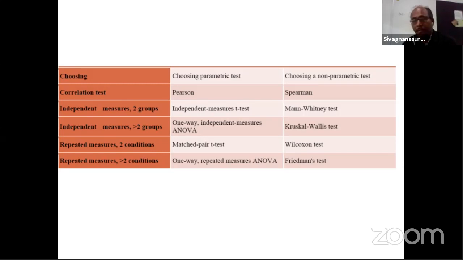This is the broader classification. So let's look one by one, for example independent measures, two groups and more than two groups. I'm going to explain now the Mann-Whitney test and the Kruskal-Wallis test.